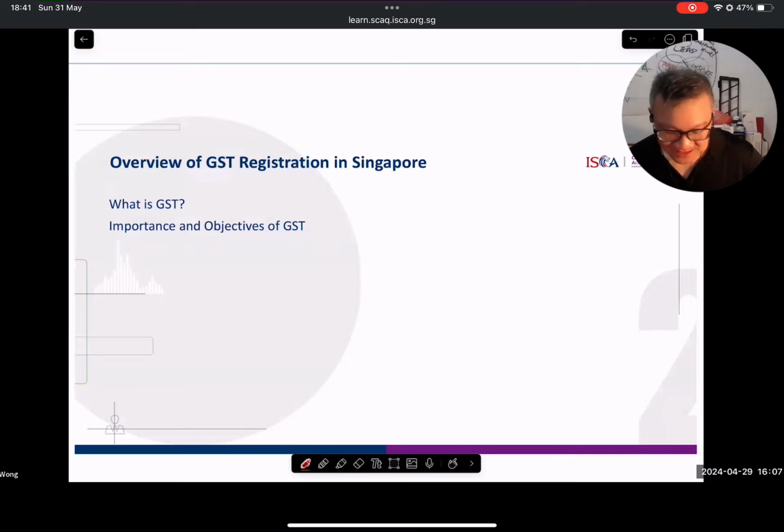If you take a look at the annual report issued by the Inland Revenue Authority of Singapore on a yearly basis, GST is around 21% of the total tax revenue collected by IRAS.